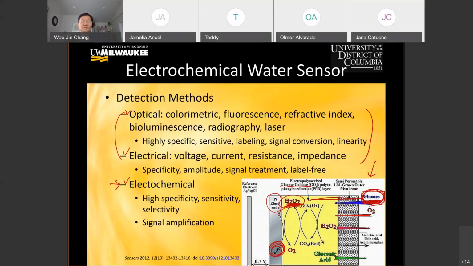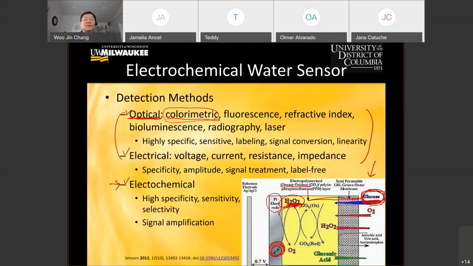Another advantage is that the signal is electrical. If you see this optical method, we need to use some camera or some photon counting diode or something to change this color into an electrical signal.